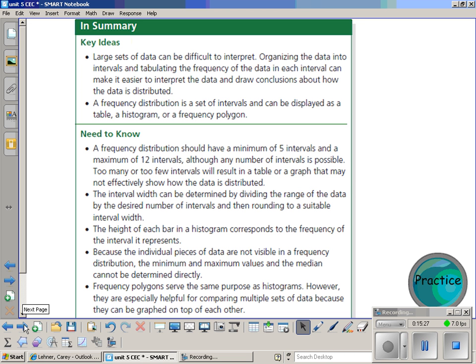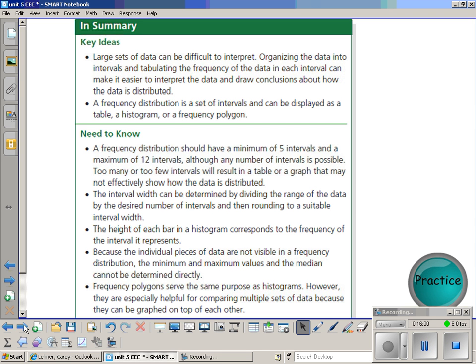Large sets of data can be difficult to interpret. Organizing the data into intervals and tabulating the frequency of data in each interval can make it easier to interpret the data and draw conclusions about how the data is distributed. A frequency distribution is a set of intervals that can be displayed as a table, a histogram, or a frequency polygon. Some of the things you need to keep in mind: the frequency distribution should have a minimum of 5 intervals and a maximum of 12 intervals, although really any number is possible.